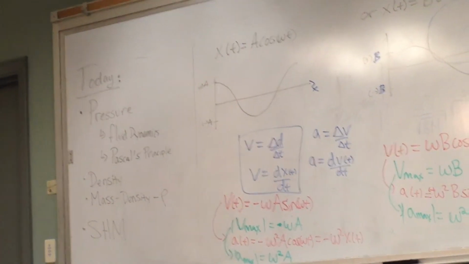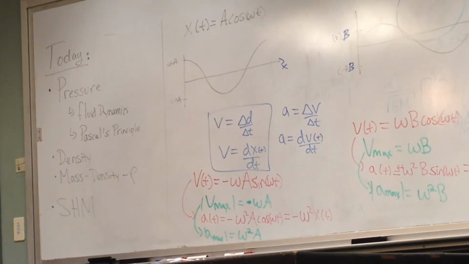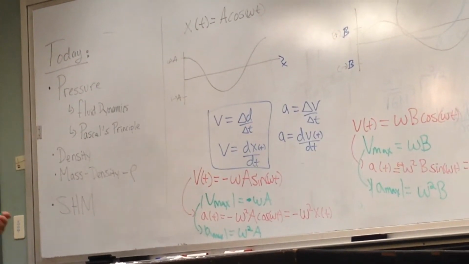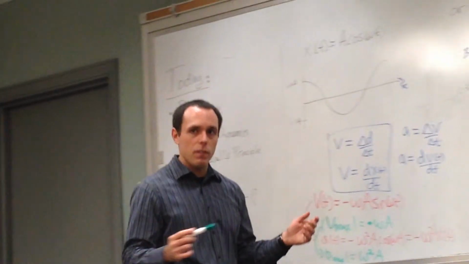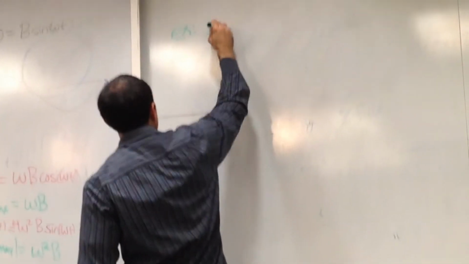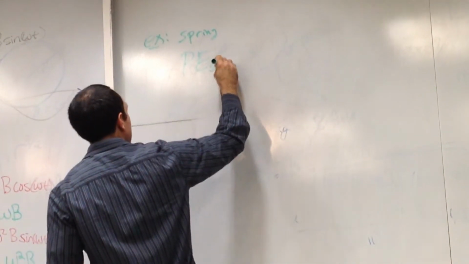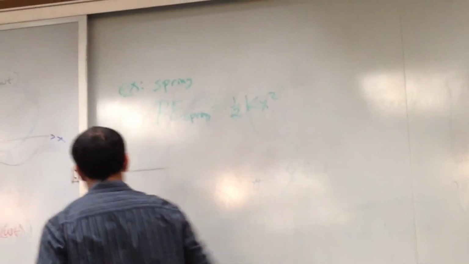But they may ask you in particular for, say, what the average power or energy is or anything like that. So let's look in particular at a spring for a moment. If we use the example of a spring, the potential energy of a spring is 1/2 kx squared.